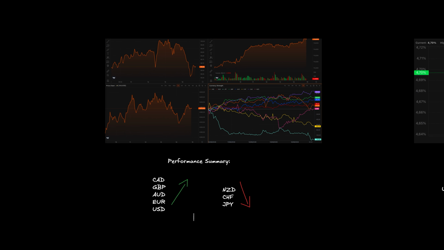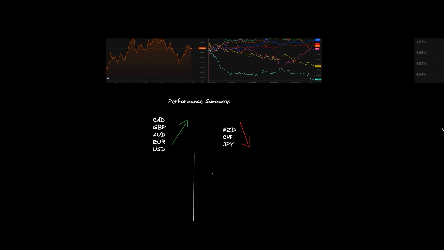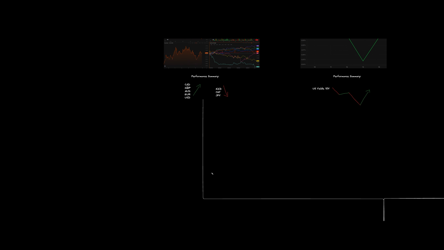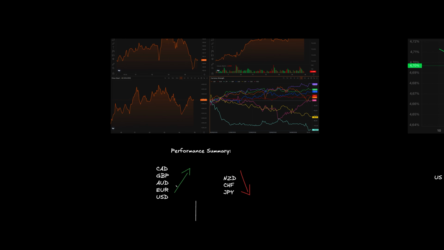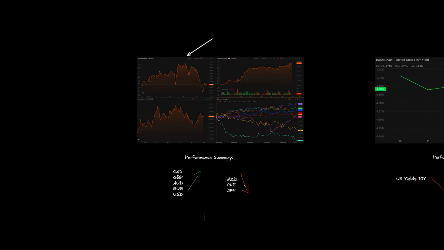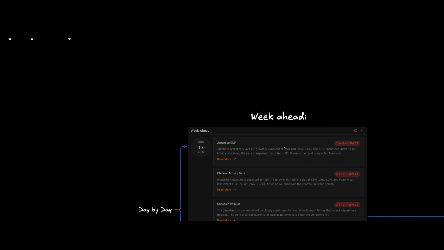However, the New Zealand dollar, pink, the CHF in yellow, and the Japanese yen in blue, are bearish. So if we make a quick summary, right, it's very, very simple. We want to long those currencies and we want to short these ones. And now, this is the first part of my fundamental process.